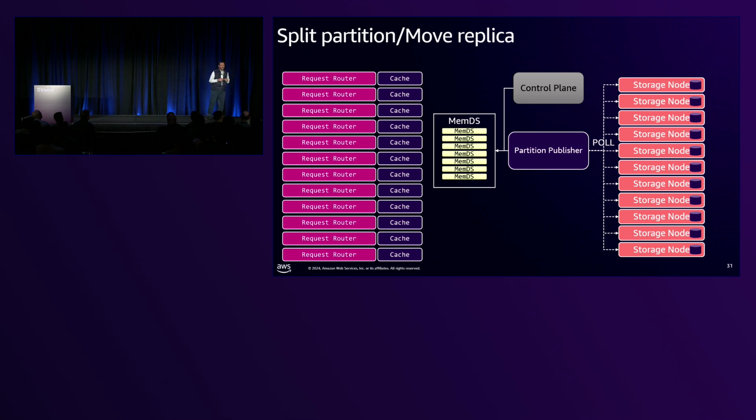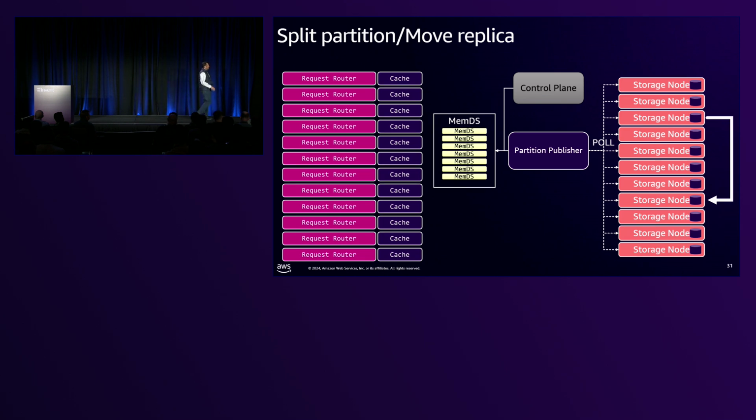The host has probably been retired. The partition's probably split. It's probably been moved for whatever reason. Moves happen continuously. So a partition is being split or moved. One of the storage nodes talks to another storage node and says, okay, we're part of this split or move operation, so now the partition's moved. Well, nobody's updating memds in the process.